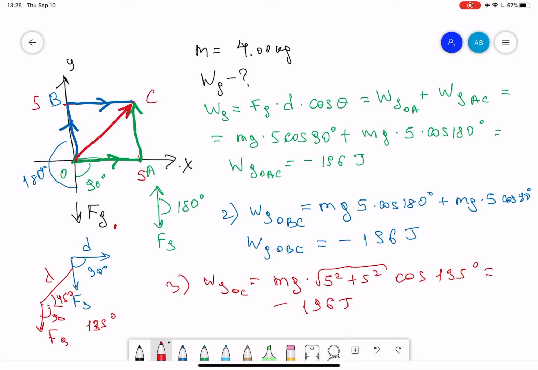Why? Because the gravitational force is conservative, so it doesn't depend on the path; it only depends on the origin and the final positions. Even if you, for instance, measure the potential energy going like this up to here, you will get the same gravitational potential energy, or work done by the gravitational force.